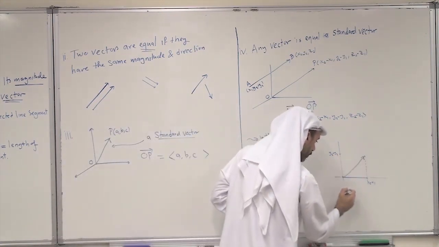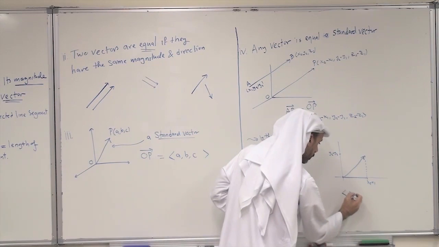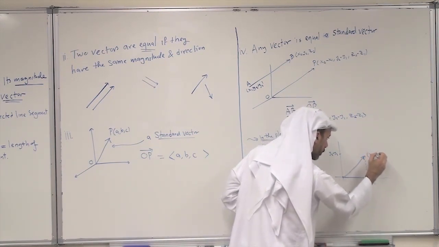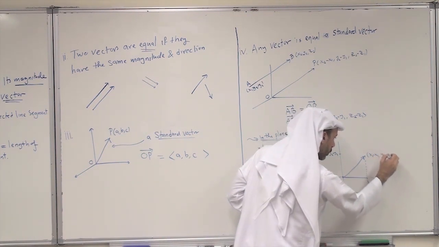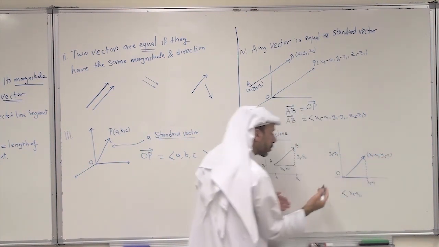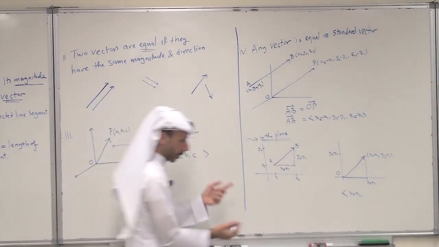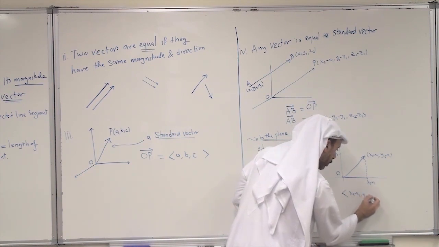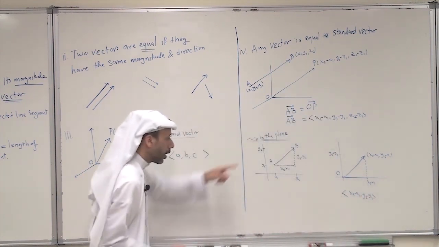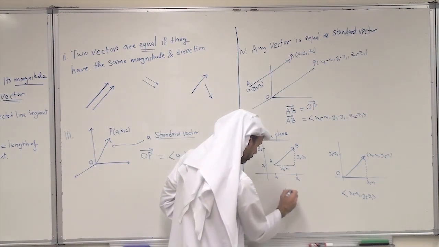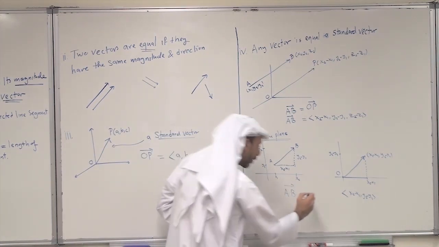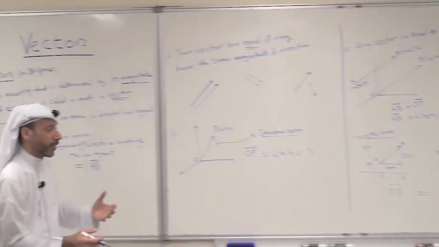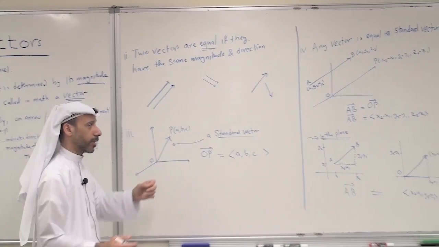This vector is just the standard vector, because notice here the coordinates are x2 minus x1 and y2 minus y1. And this is the origin, so based on the definition of the standard vector, it is this vector (x2 minus x1, y2 minus y1). And this is the vector AB, and they are equal, they are the same. This is the situation in the plane. It can be generalized to space.